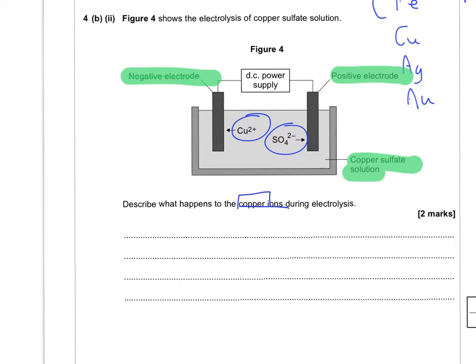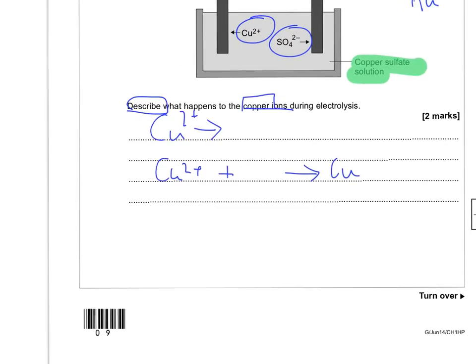So I'd say where copper ions go to, I might say why, and I'd say what happens to them. So they're Cu2 plus. What are they going to need to gain to become copper atoms? You could even include that in an equation, but I would do a description because it wants a description. Okay, you could do an equation, but do a description.